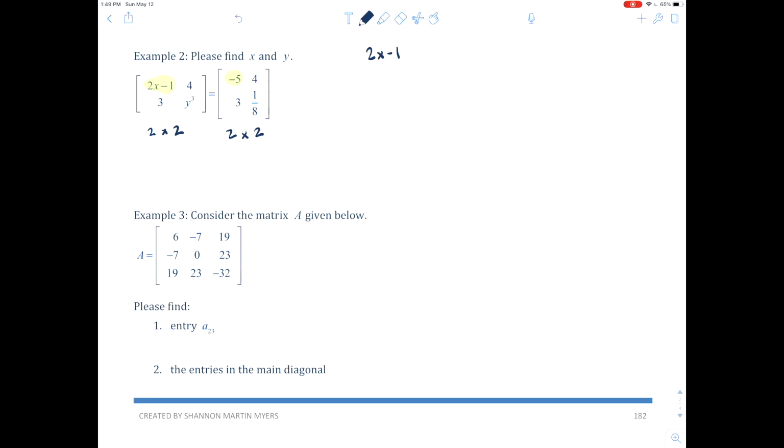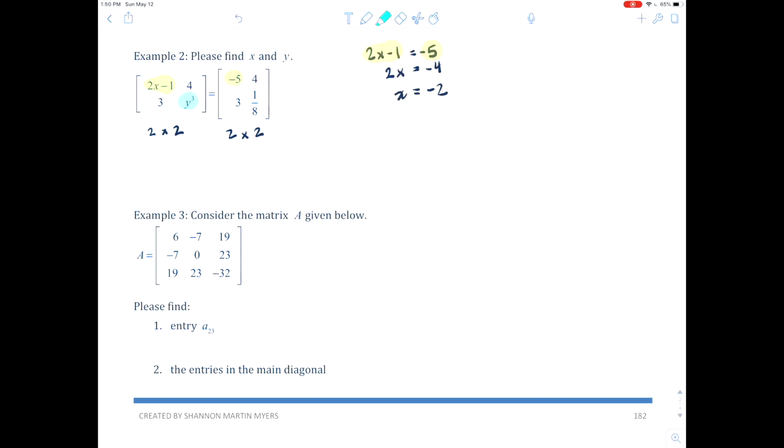So 2x minus 1 is equal to -5. So if you were to isolate your x, 2x would then be what? Beautiful, -4, and x would be -2. So now we have one of the entries, and that was the yellow part. And then what else could we equate? Good.